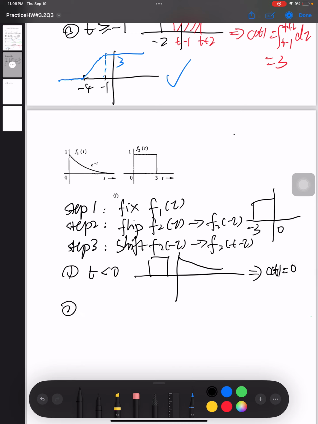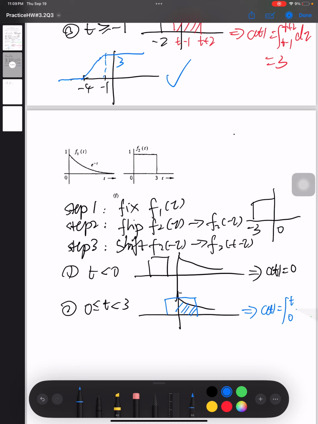Second situation, t is larger than or equal to 0 and smaller than 3. If we plot, it's going to be something like this, and the integral is this part. So if we do the integral, it's from 0 to t.